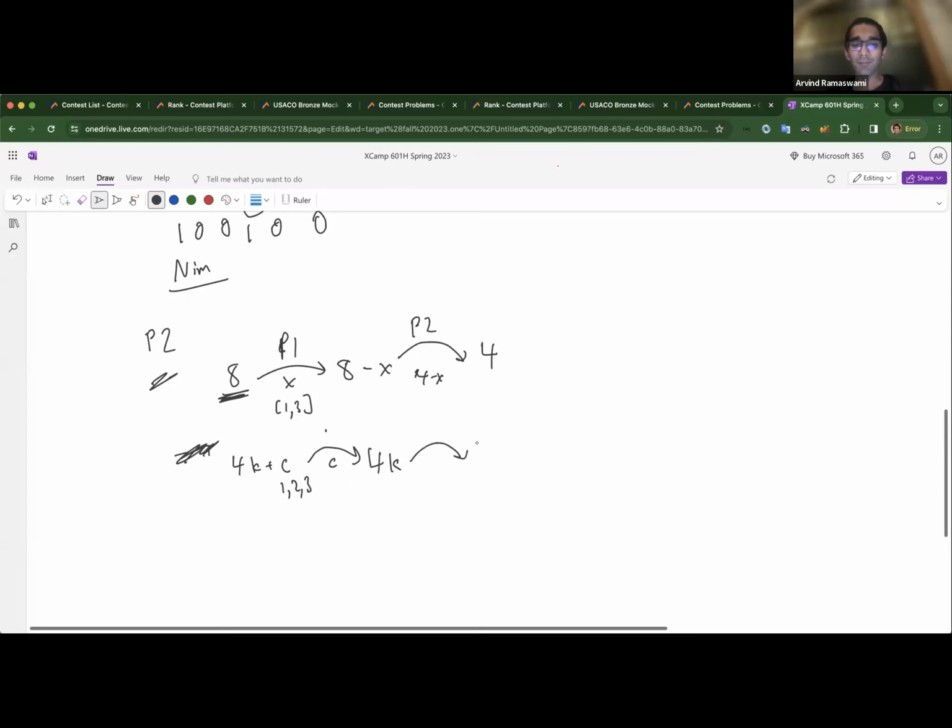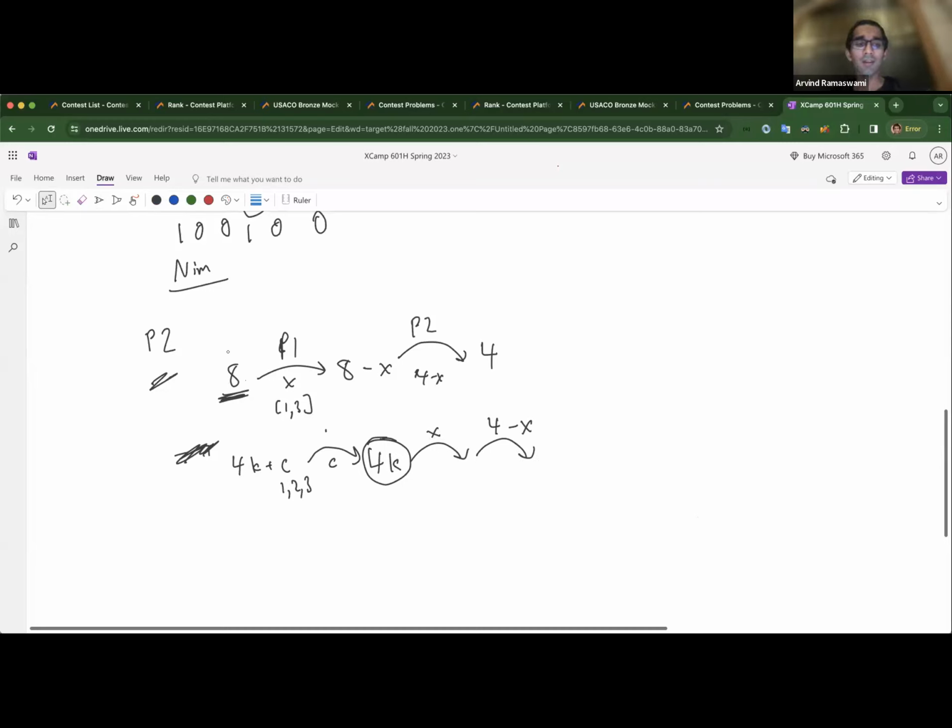Then player 2 starts with something that's divisible by 4, so player 1 can make player 2 lose, because no matter what player 2 picks, player 1 can always pick 4 minus X. This is bronze problem 2, for those of you who are joining.